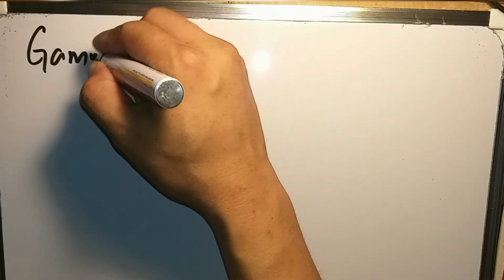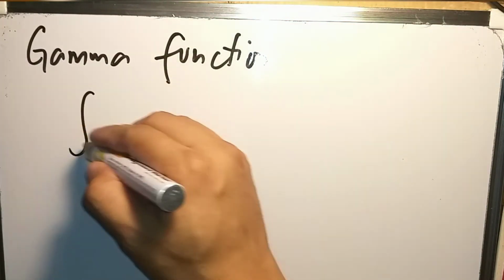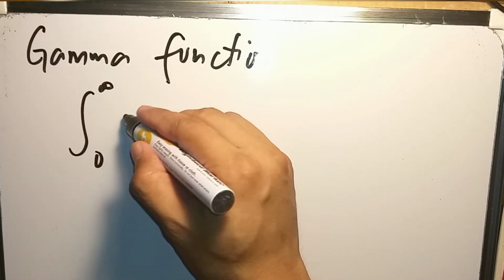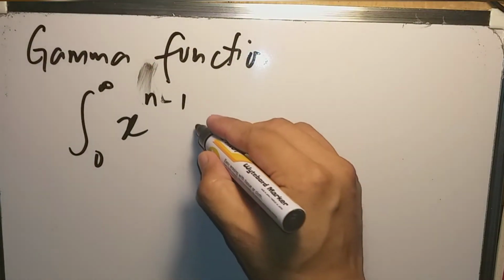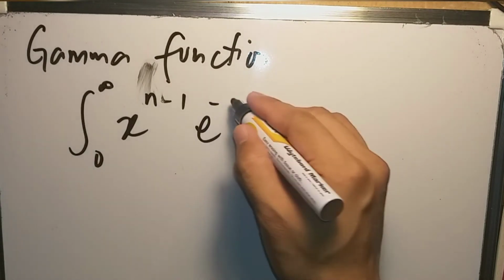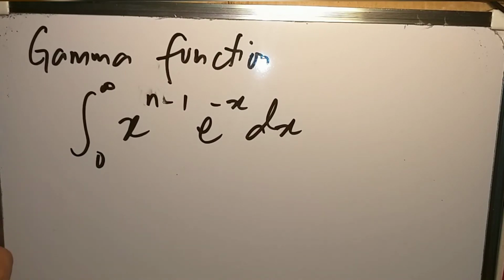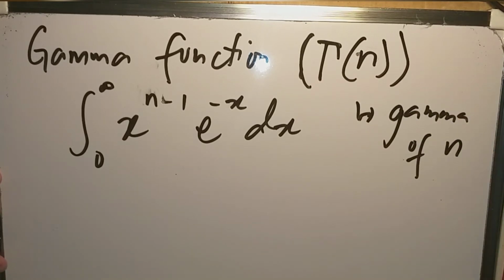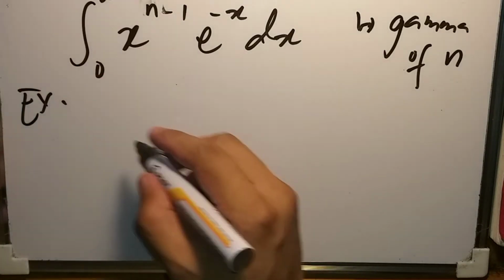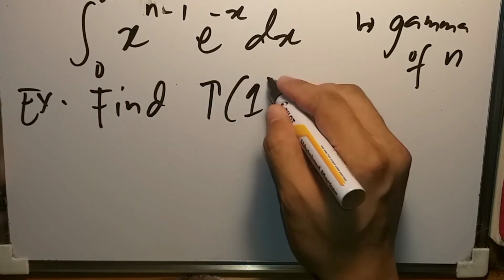Next comes the gamma function. The gamma function is of the form integral from 0 to infinity of x raised to n minus 1 times e to the negative x dx. The notation for the gamma function is this, and we read this as gamma of n. So let's have an example. Find, let's say, gamma of 1.